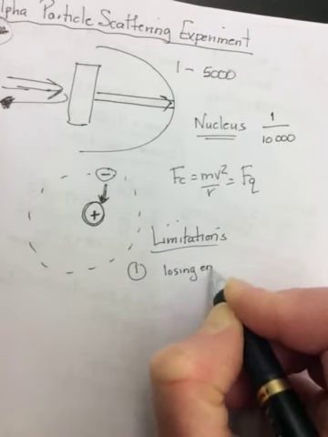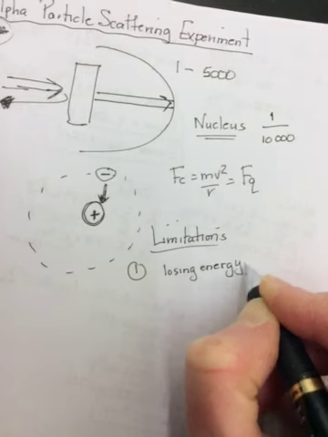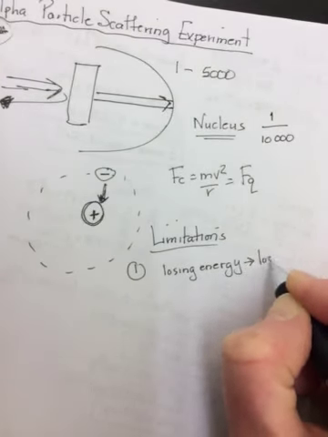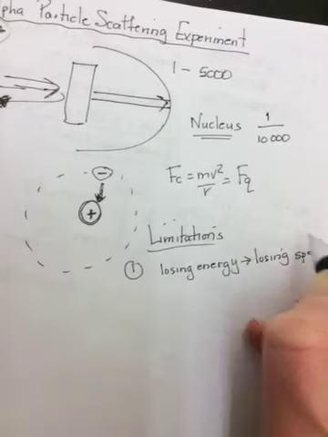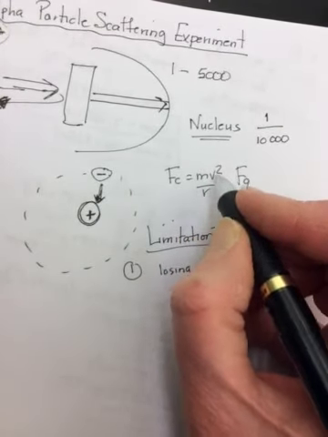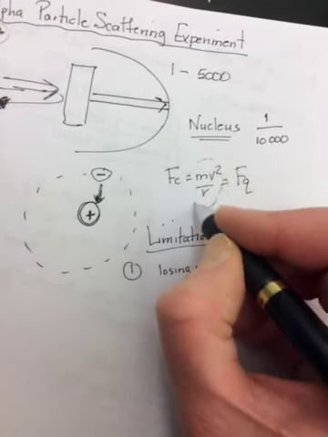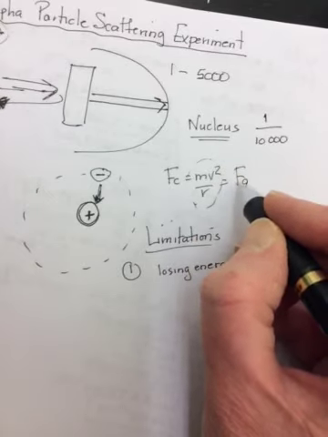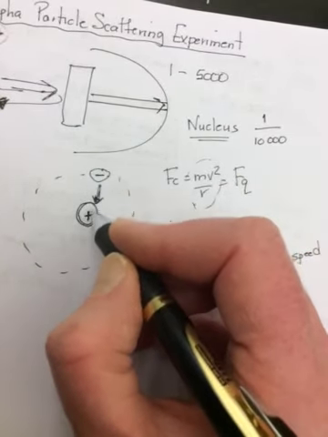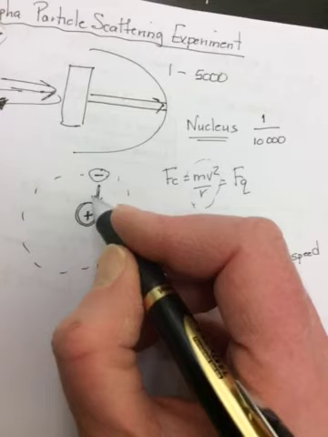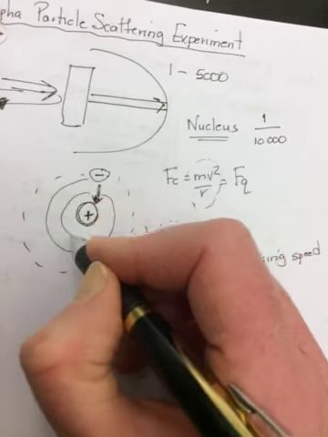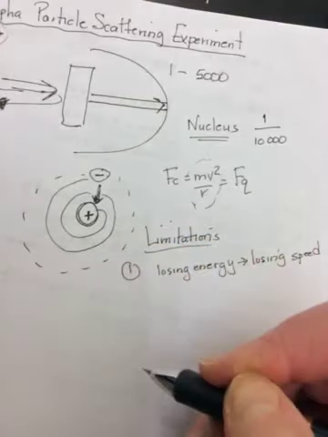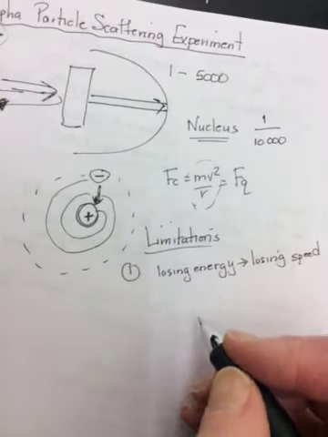And if they're losing energy, it means they're losing speed. And if they're losing speed, then this side of the equation with v squared is getting tinier. And if this side is getting tinier, then the electrostatic force of attraction from the nucleus is going to win, and this electron will spiral into the nucleus, okay, and the atom will collapse.